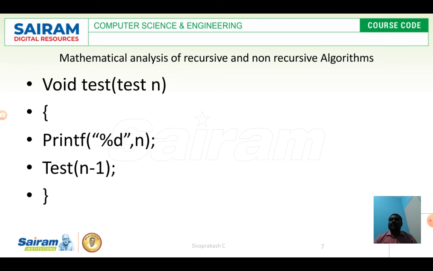Whenever we write any function, we should assign T of n for the function name, so void test of n is assigned T of n. The printf statement is assigned 1 unit of time. Test of n minus 1 will be T of n minus 1. So I write the recurrence relation as T of n is equal to T of n minus 1 plus 1. That is the analysis of the recursive function for this algorithm.